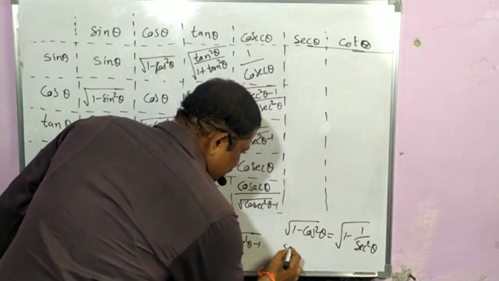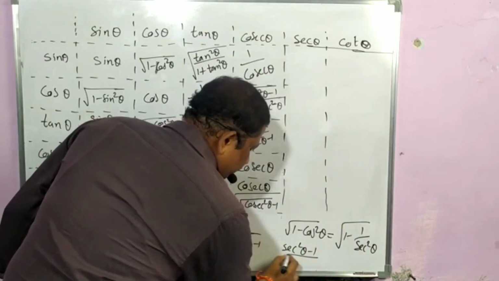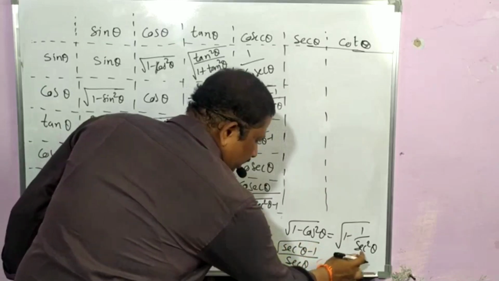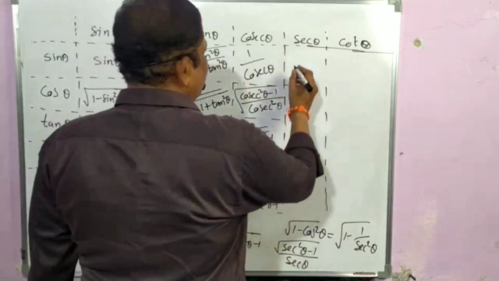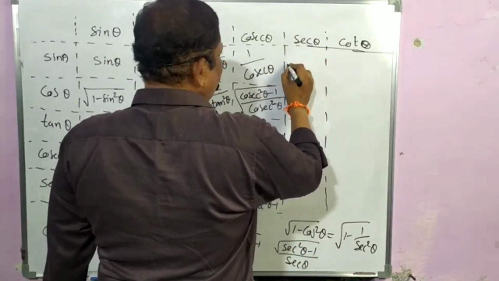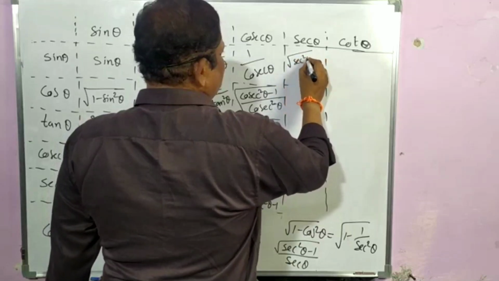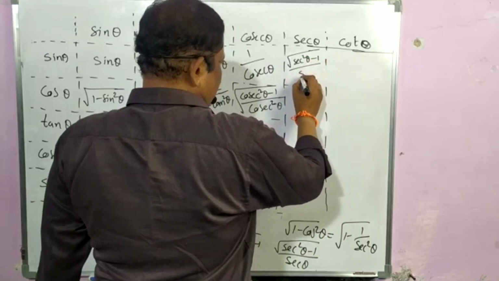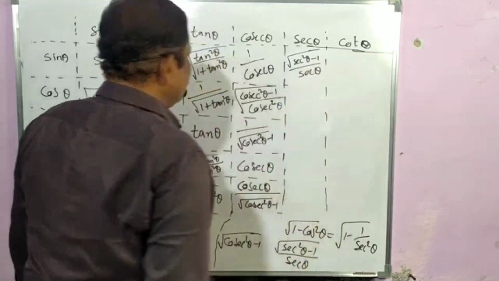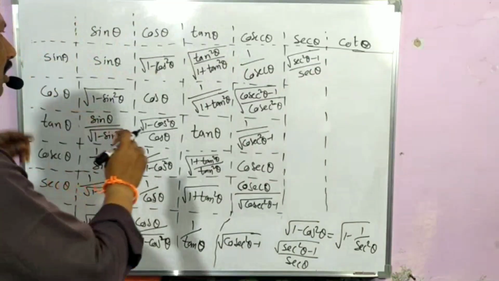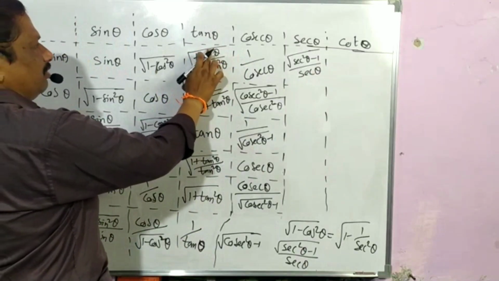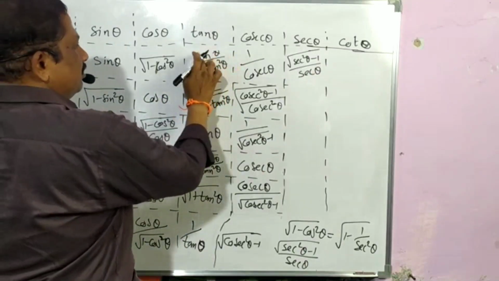This will become root of secant square theta minus 1, by secant theta. The root square gets cancelled in the denominator. So we will get root of secant square theta minus 1 by secant theta.